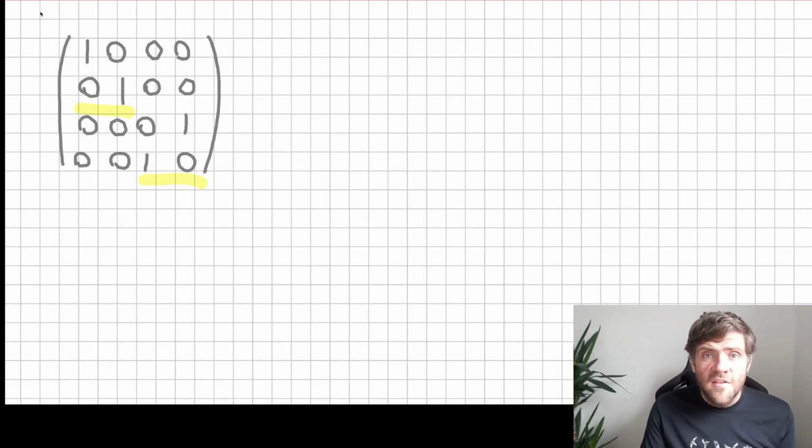Now to think about how this works, one thing we can notice is that this block effectively acts on the states spanned by 0, 0 and 0, 1. So these elements of this matrix come into effect whenever we have a 0 for this qubit.